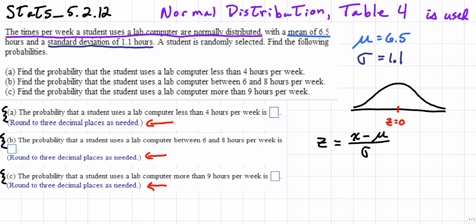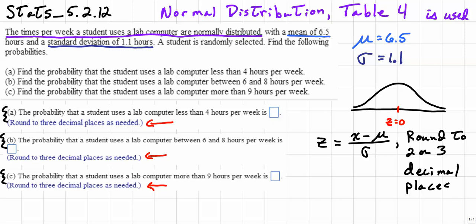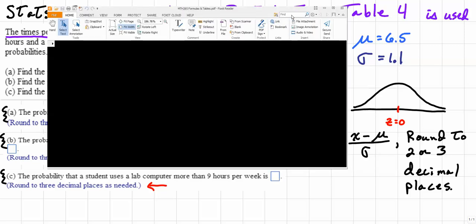We generally round z-scores to 2 decimal places. Sometimes you can round them to 3. Once we find the z-score for each one of these probabilities, we'll go to the standard normal distribution table and look for the corresponding area, which will be our probability.